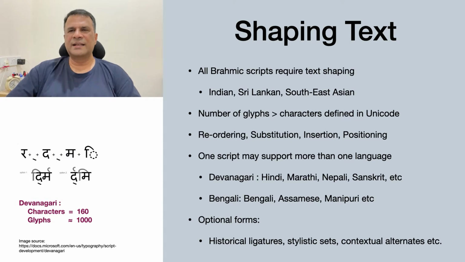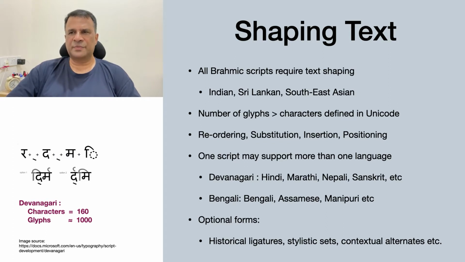All these are Brahmic-derived scripts that require shaping to render text correctly. In these fonts, the number of glyphs is usually greater than the number of characters defined in Unicode for that script. All of the scripts require reordering and substitution. Some of them require insertion and positioning of marks above some base letters.